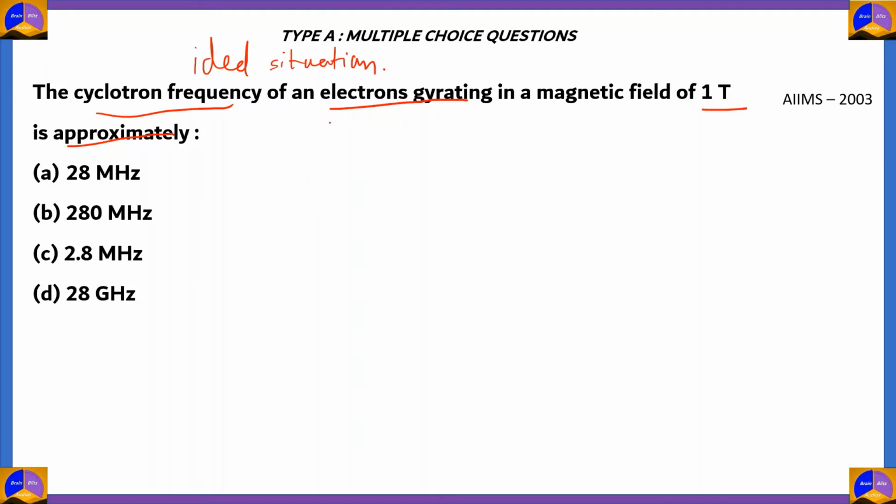So the quantities given are for an electron, the charge always remains 1.6 into 10 raised to minus 19 coulombs, and the mass always remains 9.1 into 10 raised to minus 31 kg. And we're given the magnetic field here, which is 1 Tesla.